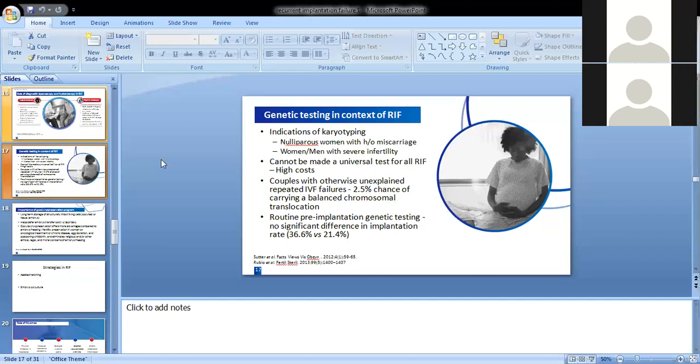We have to understand this about PGS, that it helps us to select an embryo for transfer. So if you get a good quality euploid embryo, then go for the transfer. That way it helps. But it cannot be a knee-jerk reaction that for every RIF patient you have to suggest that the patient has to go for a PGS or pre-implantation genetic screening.